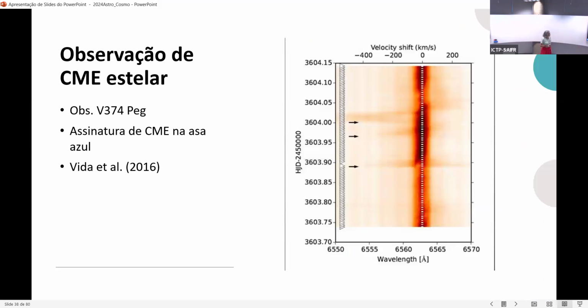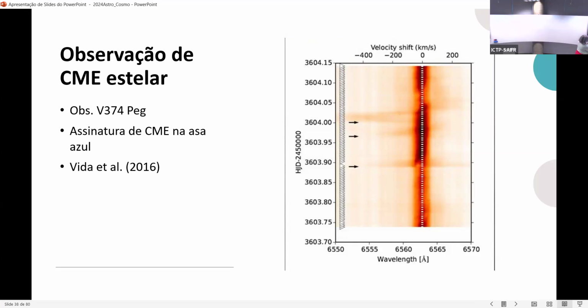And coronal mass ejections from stars have been searched for many years. And this is actually the first detection in H alpha from Christian Vida et al., 2016. And what you're seeing here is H alpha in blue shade. So that means that there is material, and this is time. Okay, this is time.